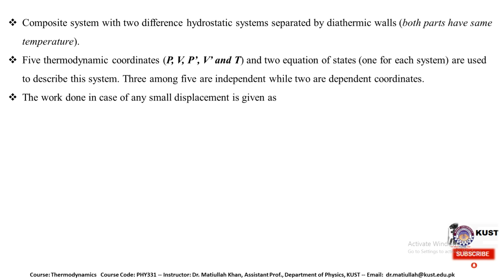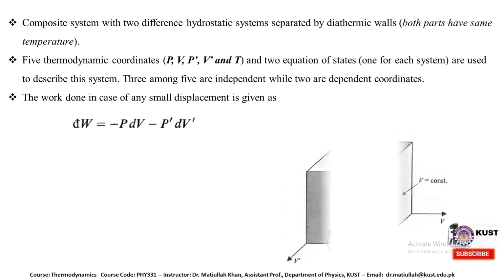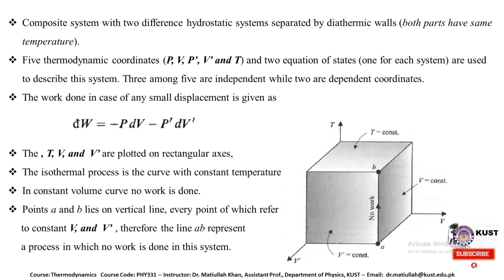So the work done in this case will be given by the product of force and displacement. So we have the work done for both the systems. For the first system, that is equal to minus P dV, and for the second system it is minus P dash dV dash. So we need to explain the work diagram for that. How can we develop the work diagram for this particular system?